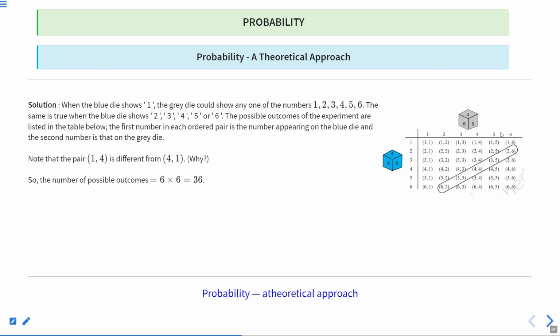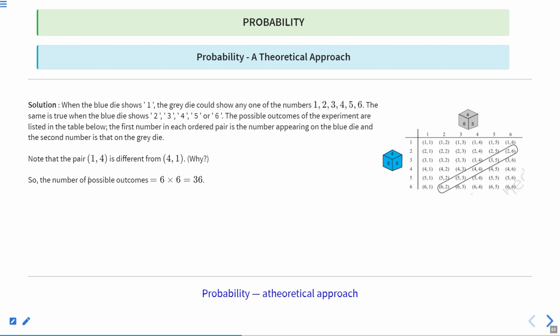So these are all possible outcomes. The first number in each pair is the number appearing on the blue die, and the second number is that on the gray die. Note that the pair 1 comma 4 is different from 4 comma 1. They are not equal.